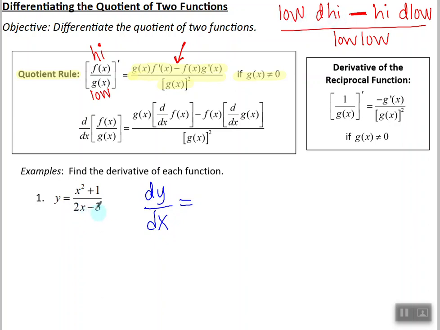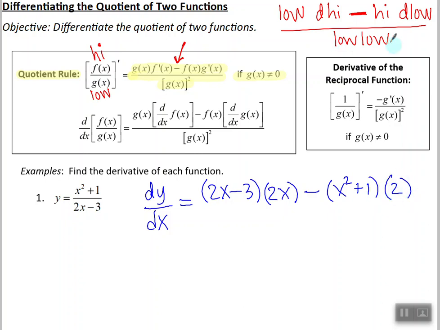Low, being the denominator function, comes first, 2x minus 3, times d high, the derivative of the numerator function, 2x, minus high, the numerator function, x squared plus 1, times d low, the derivative of the denominator function, which is 2, over low, low, 2x minus 3, quantity squared.